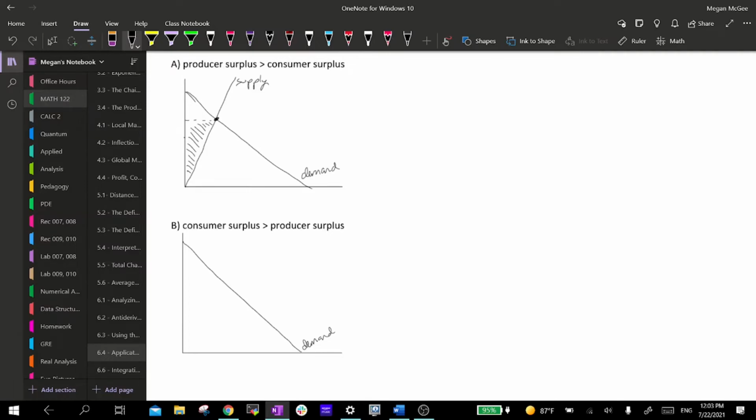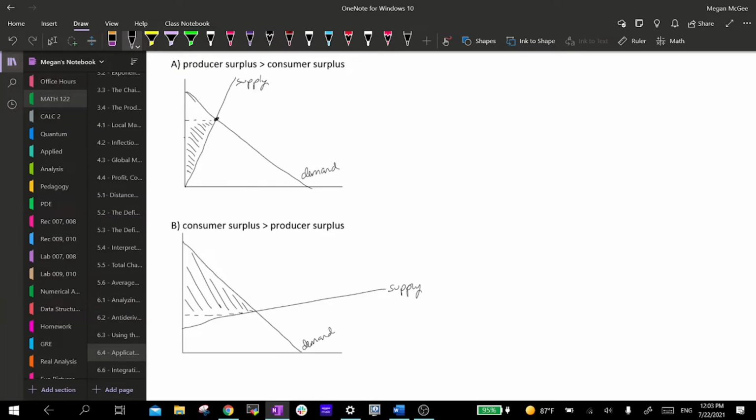So we can do a much shallower line, a much flatter line, something like this. Pretend it's straight, okay? So this is supply. And so our equilibrium line is somewhere like that. And our consumer surplus is all of this area, which is much larger than our producer surplus here.